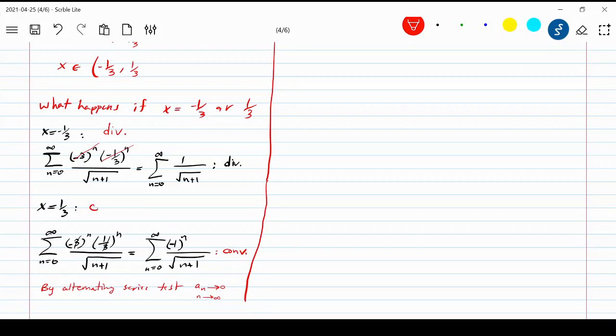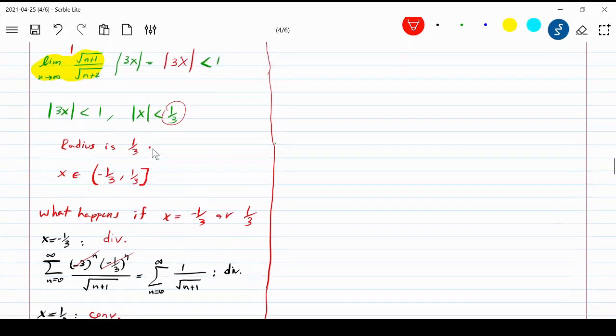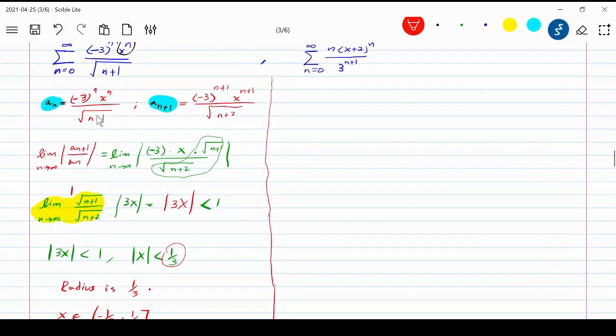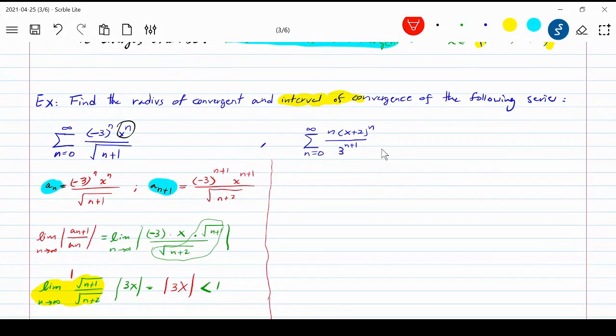That means if x is chosen to be 1/3, then we have a convergent series. So I can say this interval must be bracketed at 1/3. Okay, this is how you deal with the endpoints. So every number between -1/3 and 1/3, and the endpoint 1/3, is acceptable to have a convergent series in this case. Okay, how about the other one?